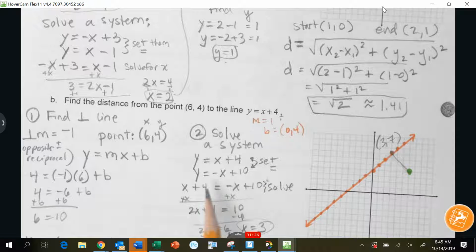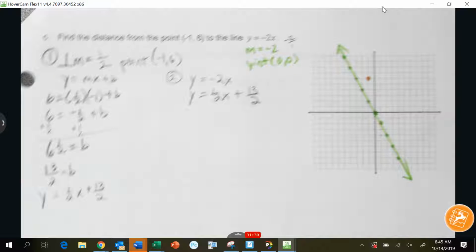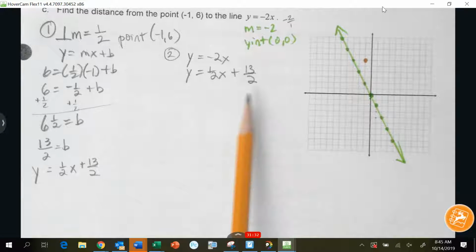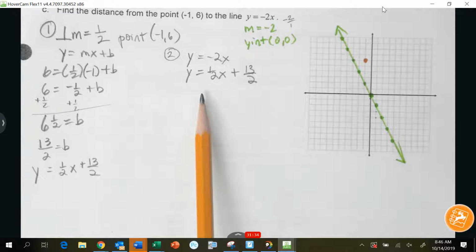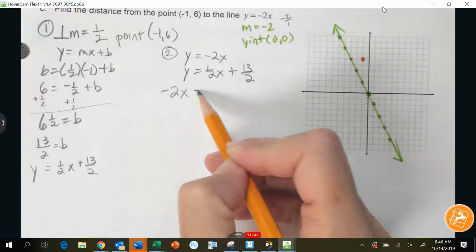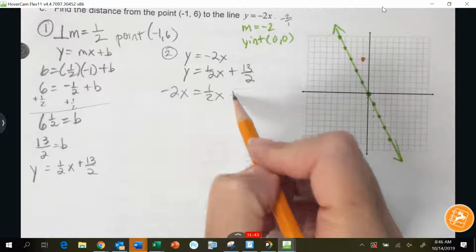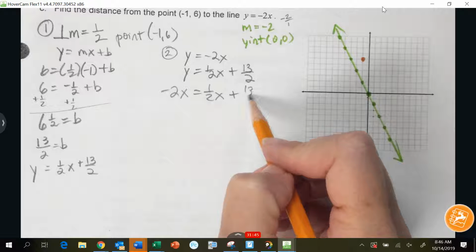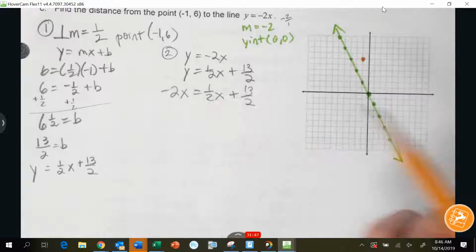See what I did? So can you tell me what to do on this one here? What could I write? Negative 2x equals 1/2 x plus 13/2. Perfect, thank you.